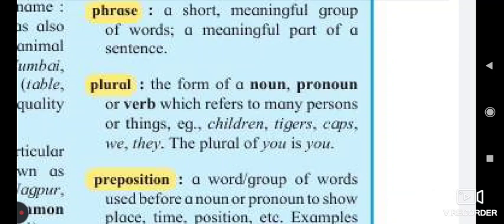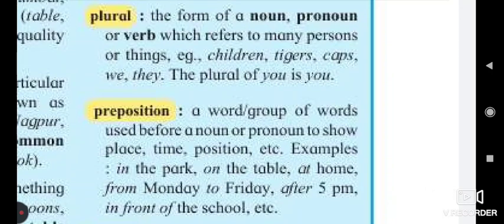So, in this paragraph we have information about the noun, pronoun, and verb in plural form. Plural means more than one. Children, tigers, caps, we, they are the words which refer to a plural form of a word.